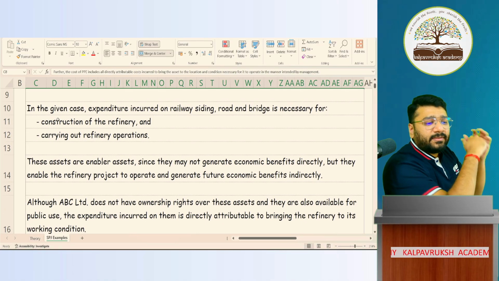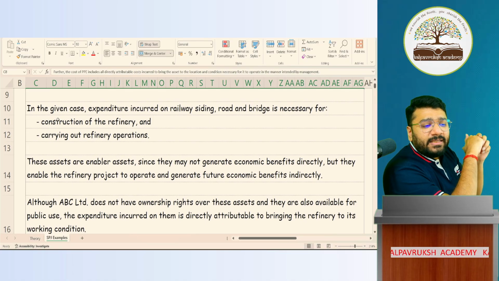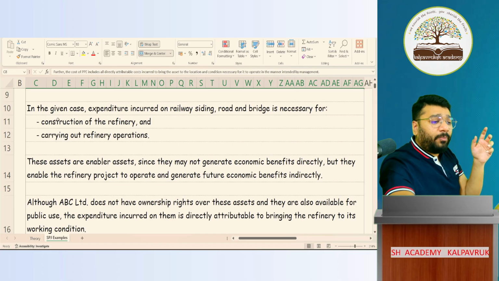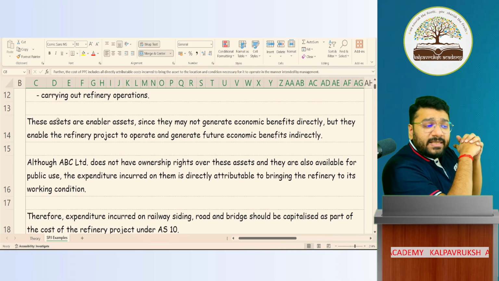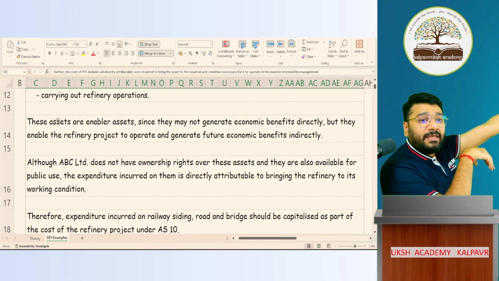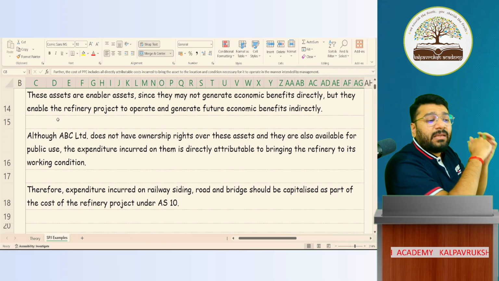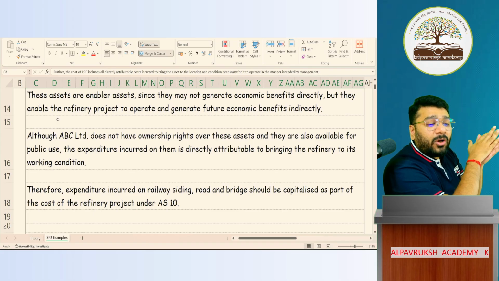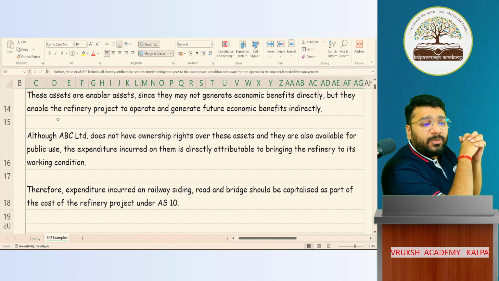In the given case, expenditure on railway sidings, roads and bridges is necessary for construction of the refinery and carrying out the refinery operation. These assets are enabler assets since they may not generate economic benefit directly, but they enable the refinery project to operate and generate future economic benefits indirectly. Although ABC Limited does not have ownership rights over these assets and they are also available for public use, the expenditure incurred on them is directly attributable to bringing the refinery to working condition.